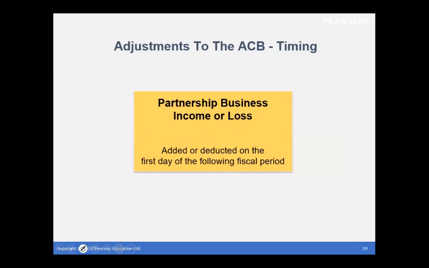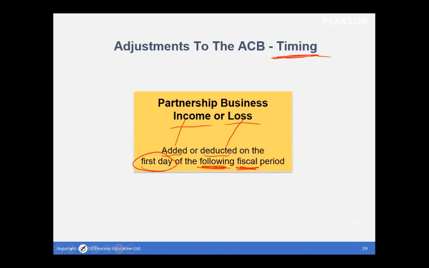The partnership income or losses also increase and decrease your account balance. So your portion of the income or the loss, what we were just calculating a moment ago, that adjusts your account as well. But the timing matters. It's actually added or deducted, if it's an income or a loss, on the first day of the following fiscal period.